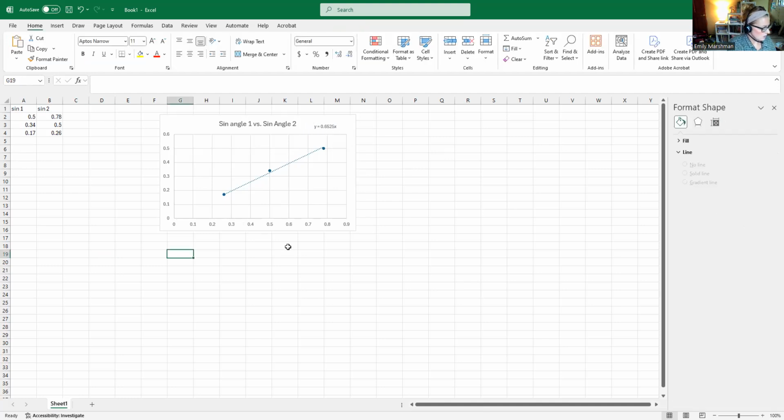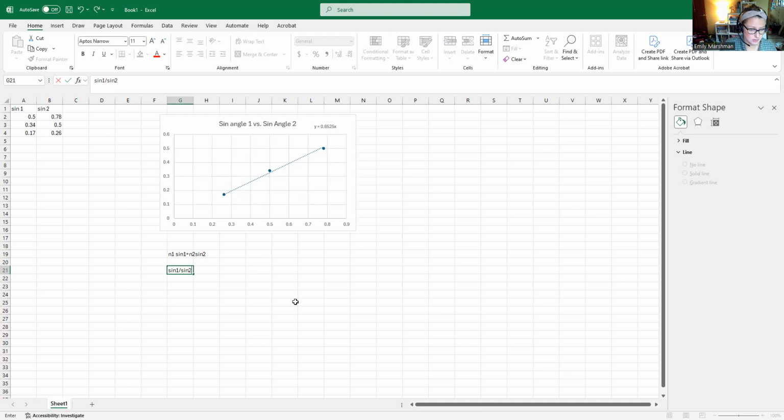Well, Snell's law was n1 sine of theta 1 is equal to n2 sine of theta 2, right? And if I rearrange this a little bit and I do sine of theta 1 divided by sine of theta 2, which is our rise over our run, right? It's the slope of our line here.